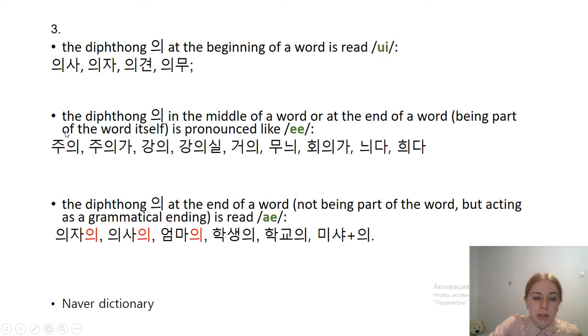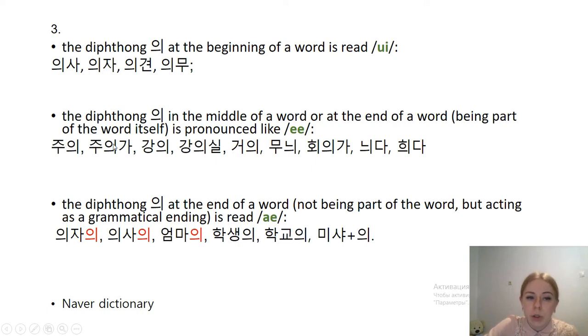But if I just move out the 의, 주 is translated like week. So I cannot separate them. I cannot just borrow 의 without changing the meaning of the word. So, 주의, it's one word, and here, 의, diphthong, is like a part of this word.